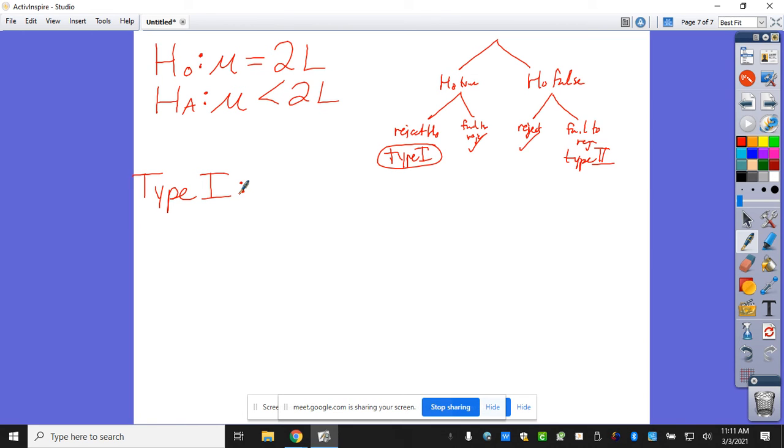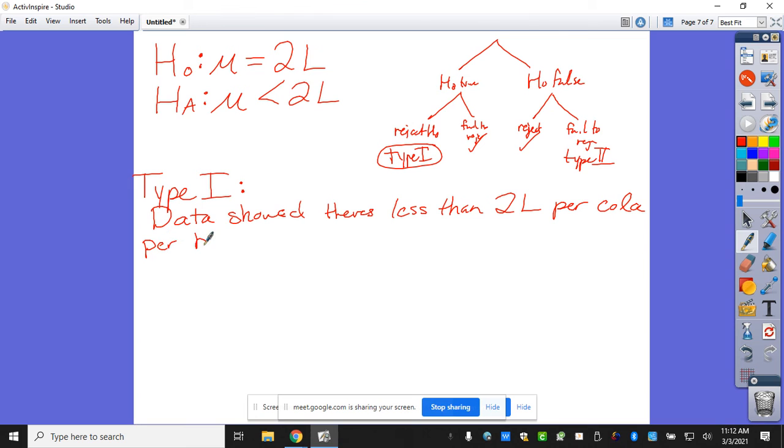In this direction, right? So the data showed what in context? And I'm shorthanding my wording a little bit here so we can get the point. The data showed that there's less than 2 liters per cola per bottle. Everybody's with me there? So this is where people can go wrong.